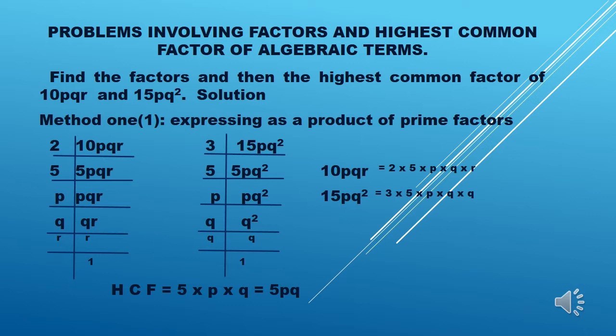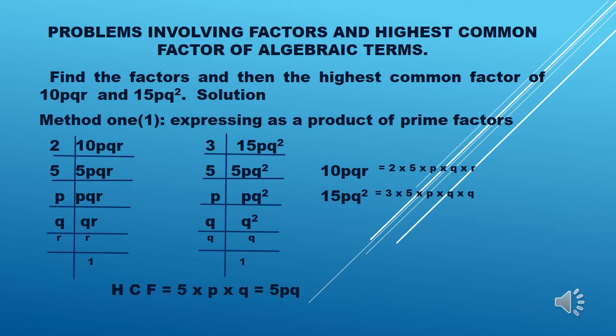Then we multiply the prime factors out, and we have 10pqr equal to 2 multiplied by 5 multiplied by p multiplied by q multiplied by r, and 15pq squared equal to 3 multiplied by 5 multiplied by p multiplied by q multiplied by q.